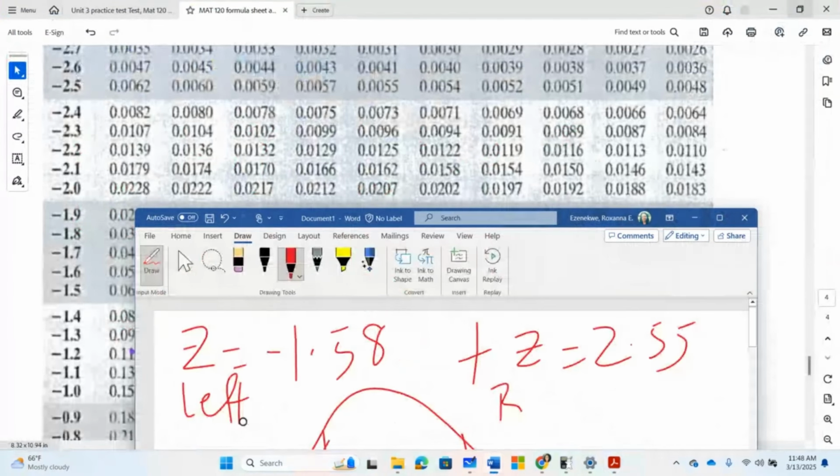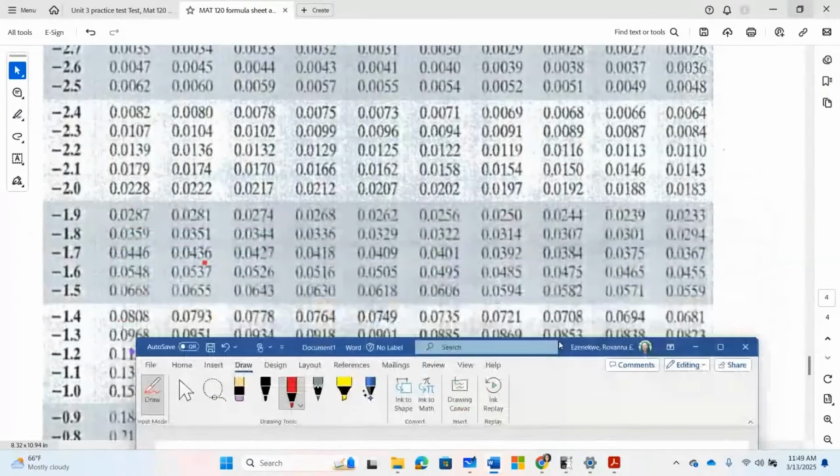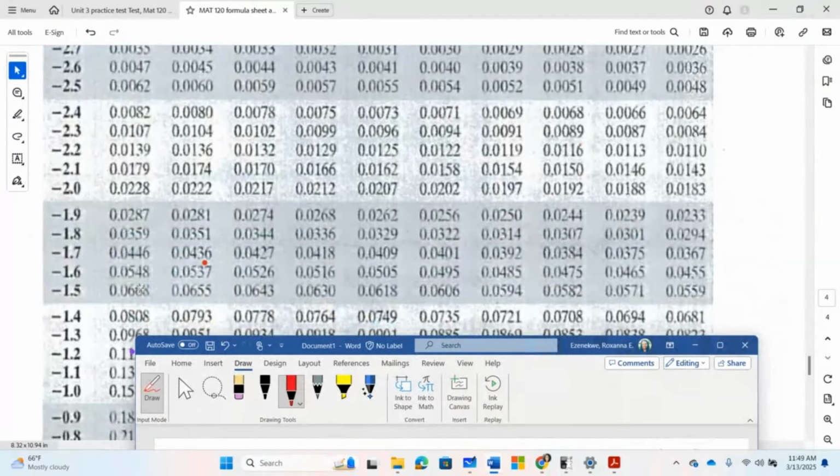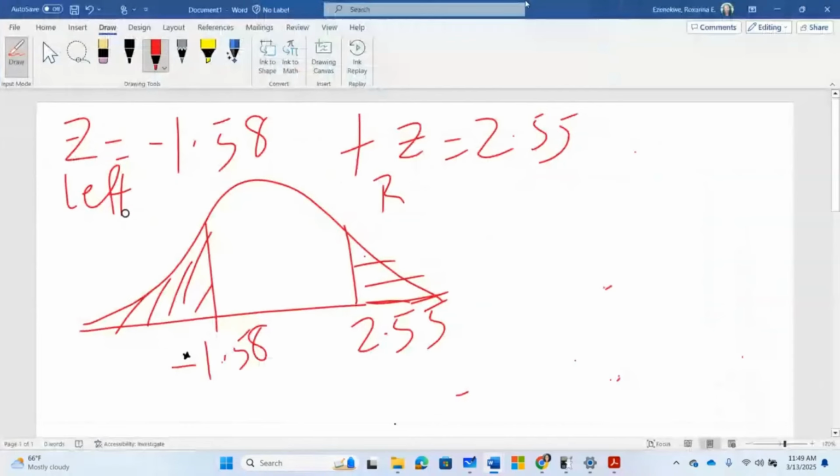Negative 1.5, then point 0, 1, 2, 3, 4, 5, 0.0606. All right, so I have 0.0606. So this area is 0.0606.